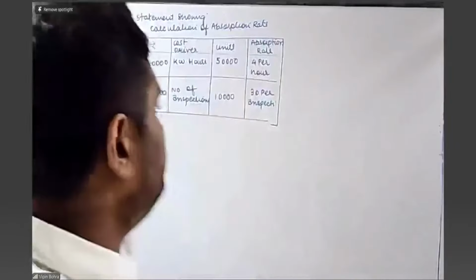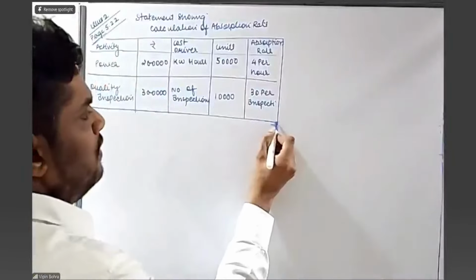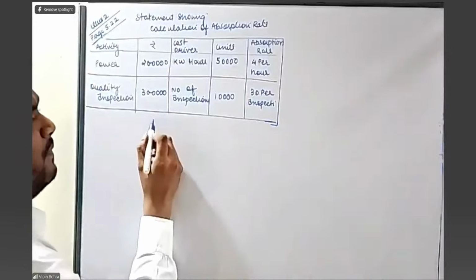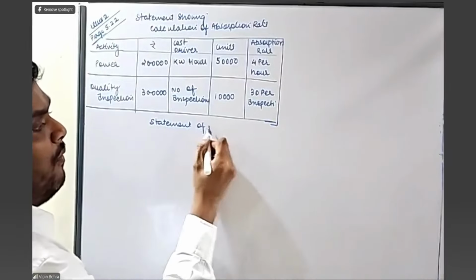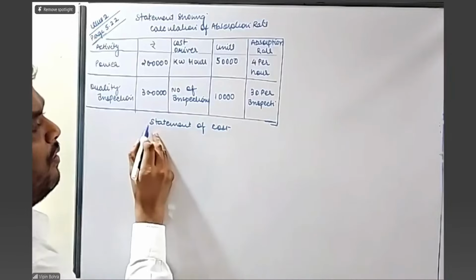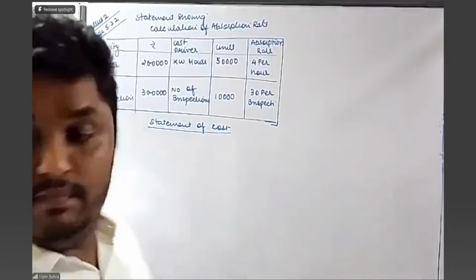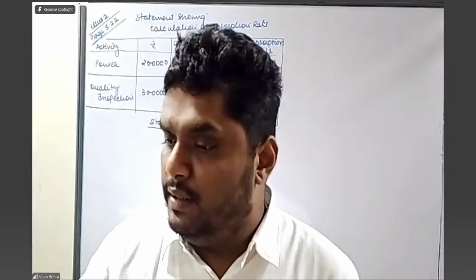Now, let's start with the calculation of cost. How many products are there?